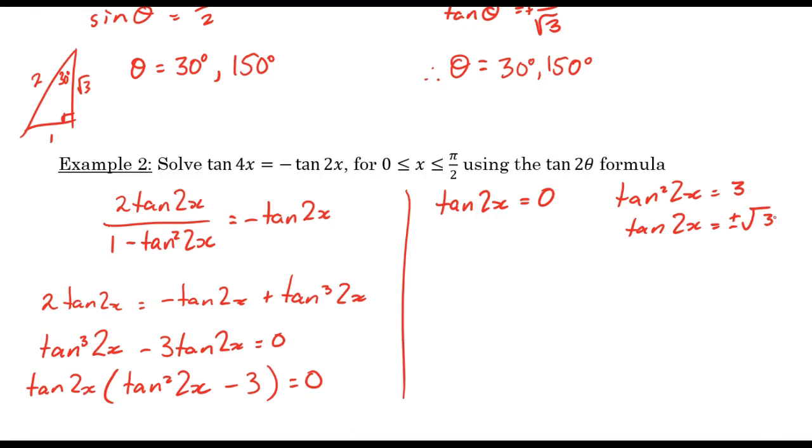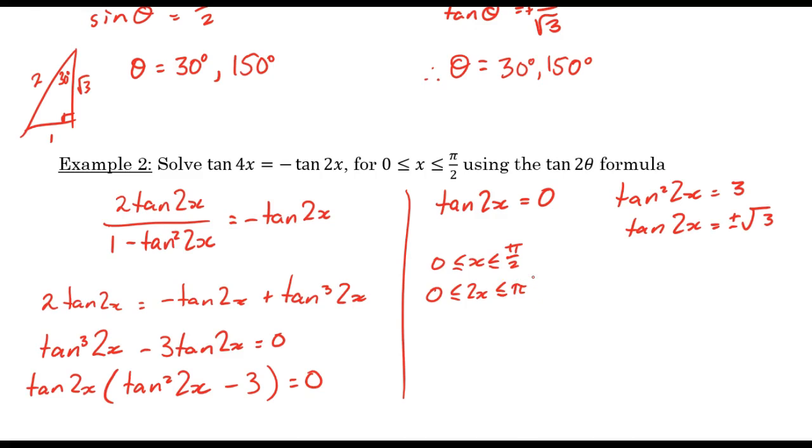Okay. Now we need to adjust the domain here because they're both 2x's. So if 0 is less than or equal to x is less than or equal to pi on 2, then 0 will be less than or equal to 2x, less than or equal to pi. That's just a reminder which answers we're after here.